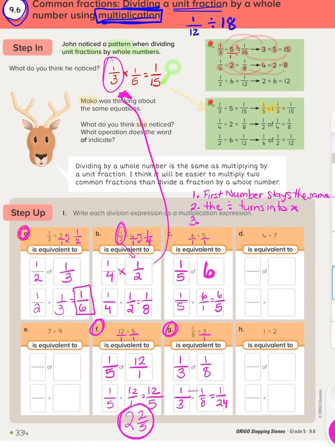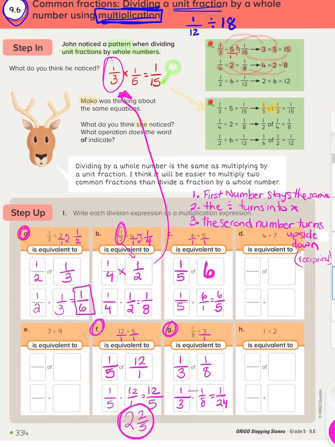And step 3, the second number turns upside down. Oops, upside down. Which in the mathematical term for that, instead of upside down, is called the reciprocal, right? So the second number turns upside down, which is called the reciprocal, okay? When you turn it upside down, you're getting the reciprocal.